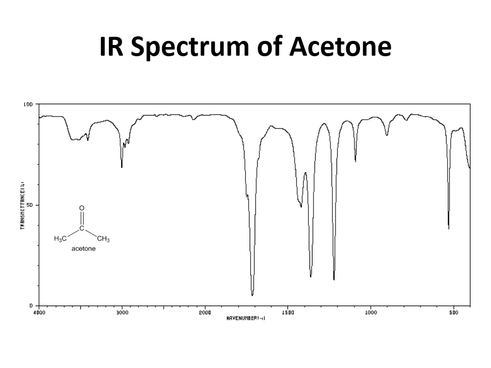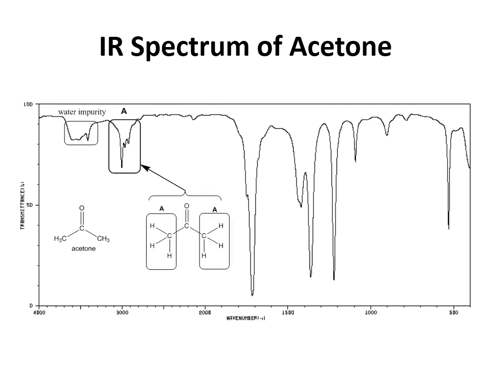Let's look at the key features of an IR spectrum of acetone. Right off the bat, at the highest frequency, there's a water impurity. This is exceedingly common for very polar organic substances like acetone, which absorb water. So we ignore that. In part A, we have a stretching frequency for the CH stretch.